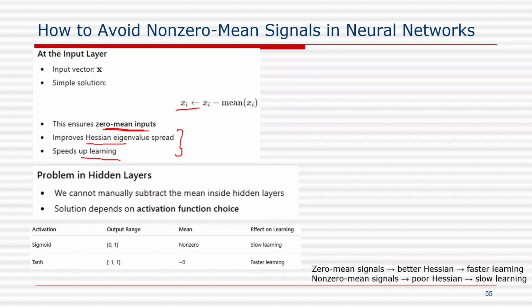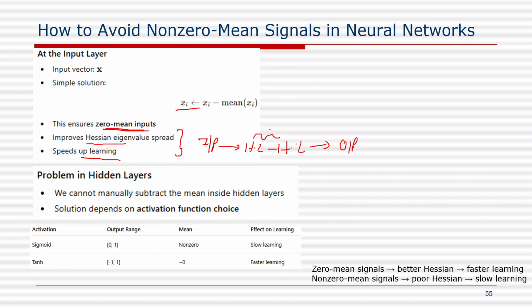But we can make a zero mean input from the input layer. What is the problem with the hidden layers? How do we make zero mean inputs there? The input goes to the hidden layer, and then we can have one more hidden layer, and then the output layer, or many more hidden layers.